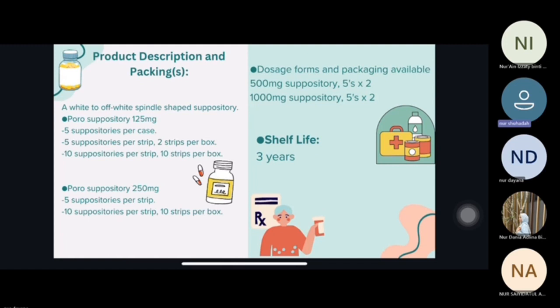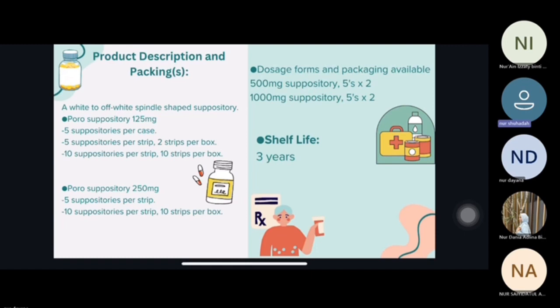The product description and packaging: a white to off-white spindle-shaped suppository. The first one is Poro suppository 125 mg, 5 suppositories per strip, 2 strips per box, or 10 suppositories per strip, 10 strips per box.